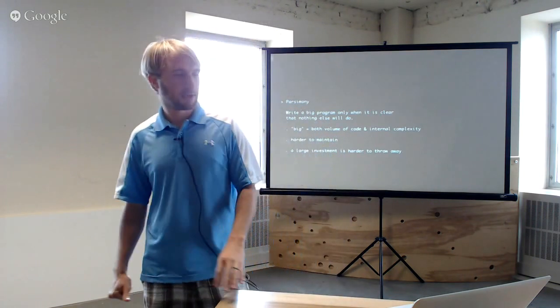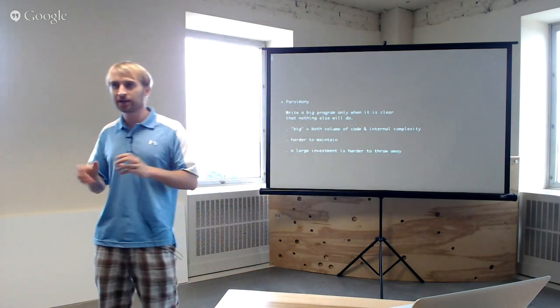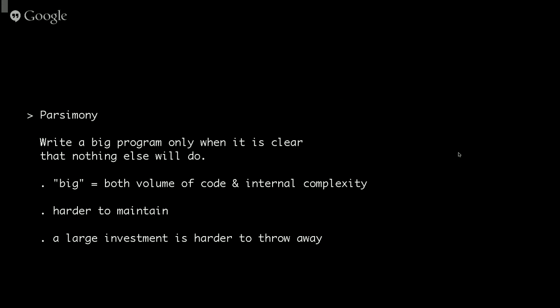So, the next rule is called parsimony. I had to look up the word parsimony because I had never heard that word before. But it has to do with basically stinginess, and you want something small. So basically, only write a big program if you have to, and big in the sense both of the volume of code and how complex it is.